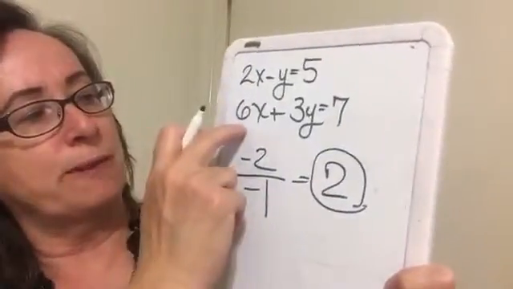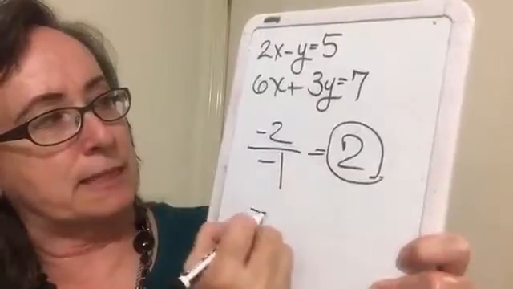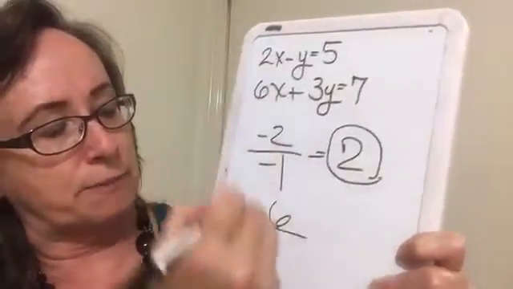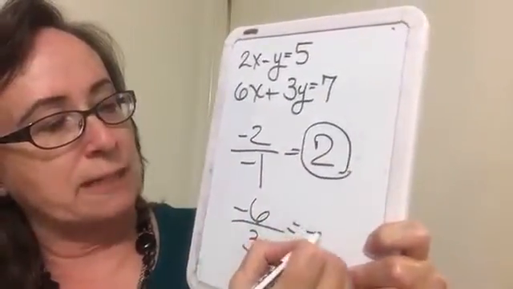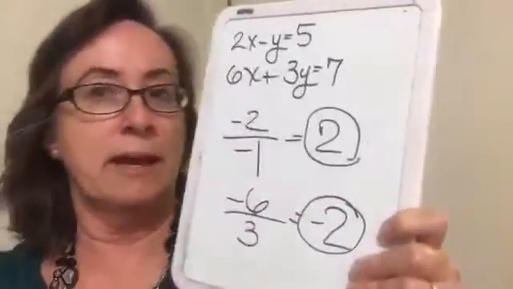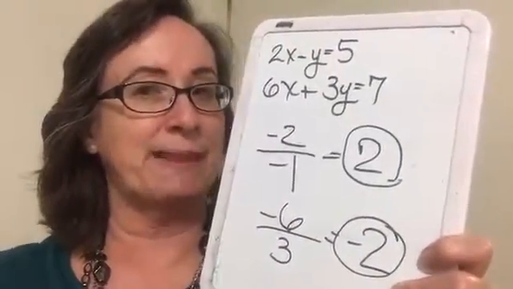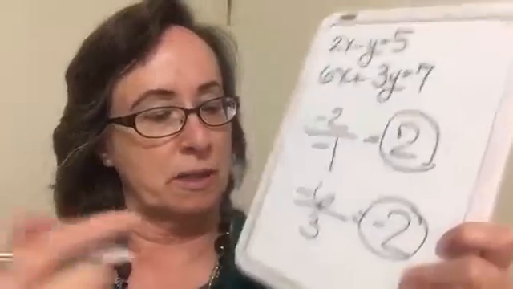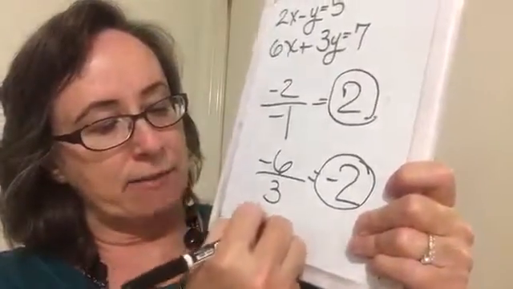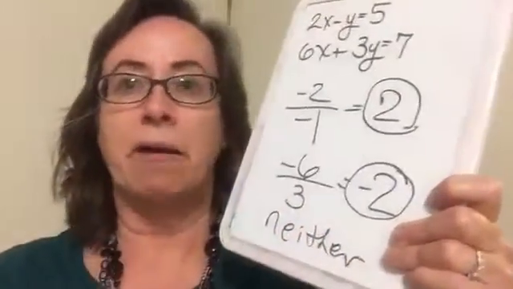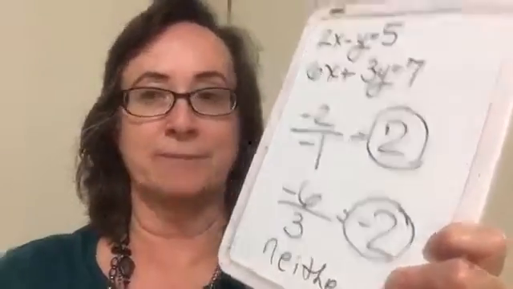The slope of this one is going to be the opposite of this one, negative 6 over 3, which winds up being negative 2. They are opposite signs, but they are not reciprocals. So this one is neither parallel nor perpendicular.